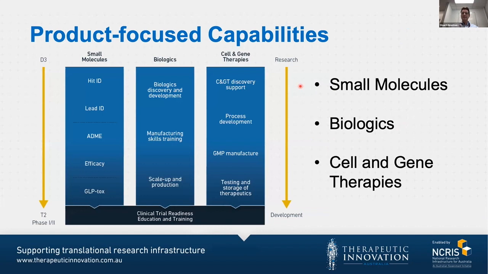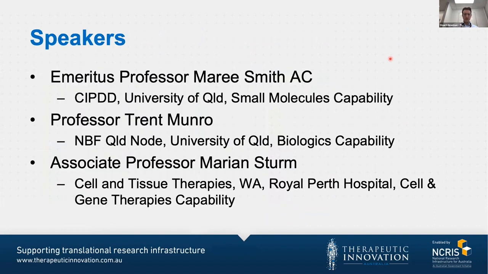So I'm keen to get onto our speakers from each of our capabilities, but just to give one more bit of context, we have 3 product-focused capabilities in small molecules. We encompass hit ID through to GLP tox, biologics and vaccines, and finally a group of facilities specializing in cell and gene therapies.